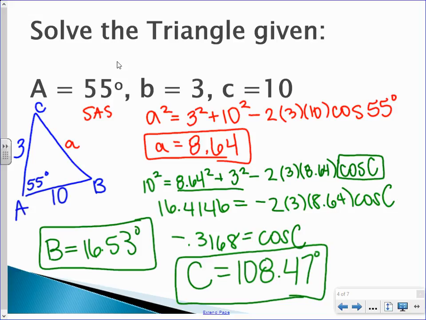It would not have. It would have given us 71 point whatever, a 71 degree angle.